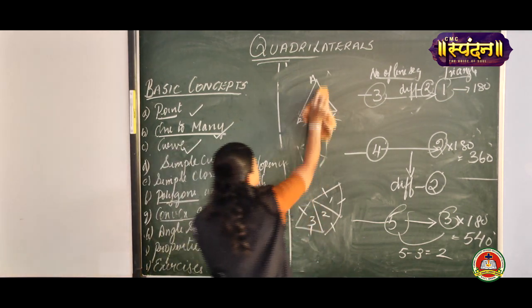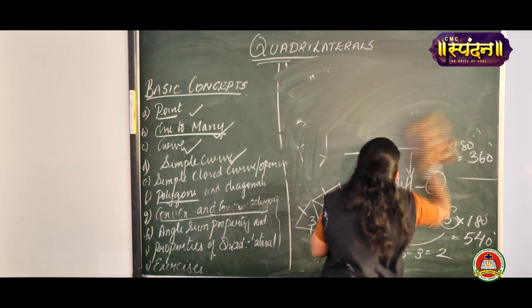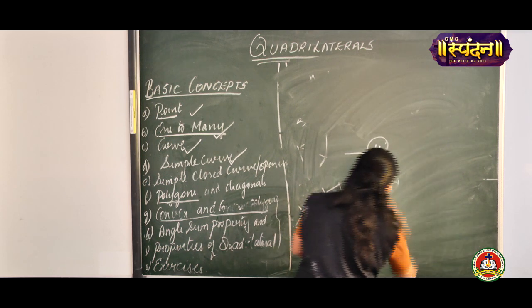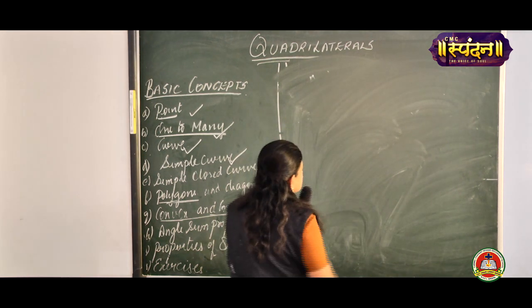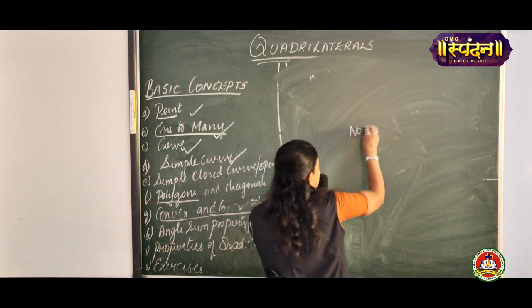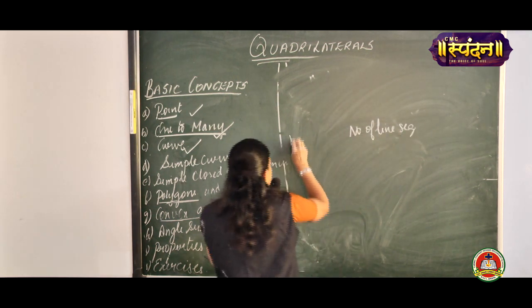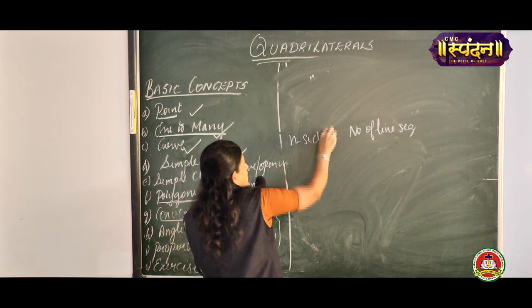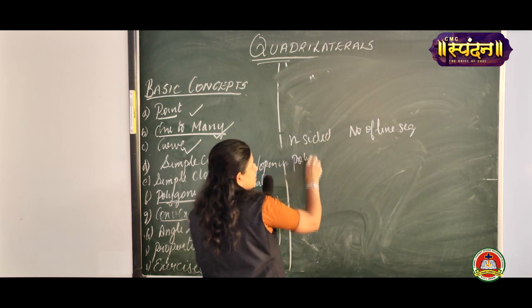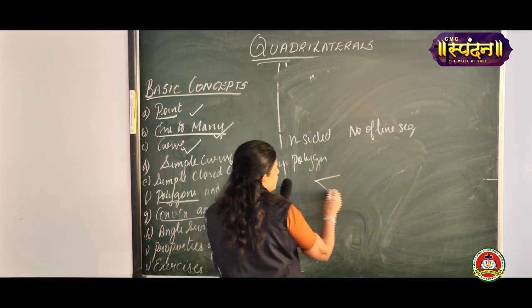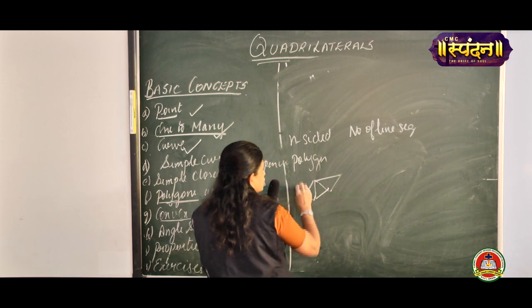Yes. Suppose I have an n-sided polygon. For any n-sided polygon, the triangles will be there, and this goes on.